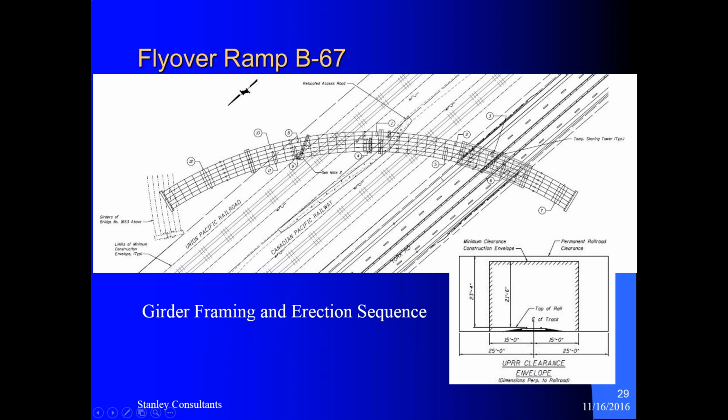And then this also shows the other one thing I guess to mention is that you want to put all your field splices outside the railroad clearance envelope, because you cannot put anything inside this clearance envelope, which is about 15 feet either side of the track.